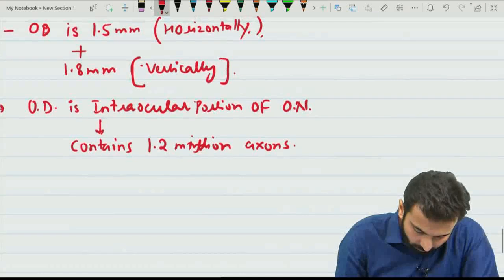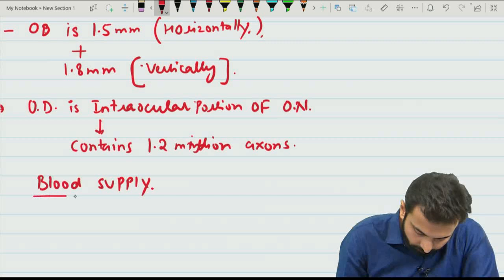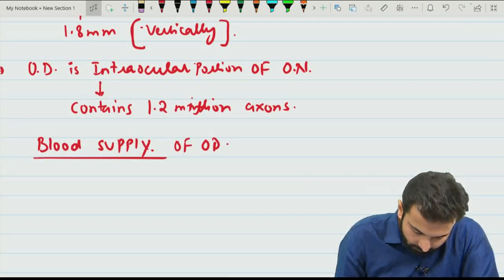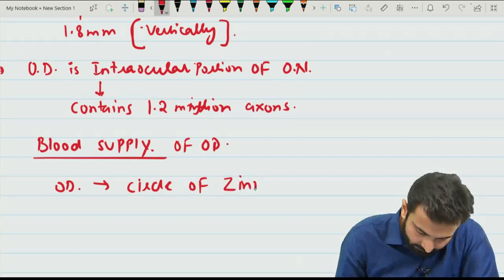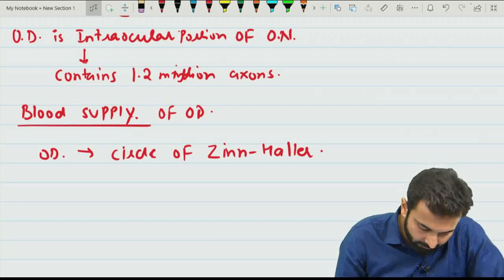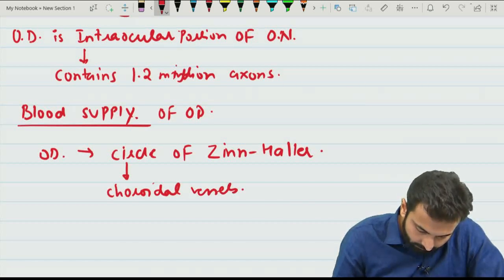Now talking about the blood supply of optic disc. Optic disc receives its blood supply from the circle of Zinn-Haller, which receives the major source of blood from choroidal vessels, right?